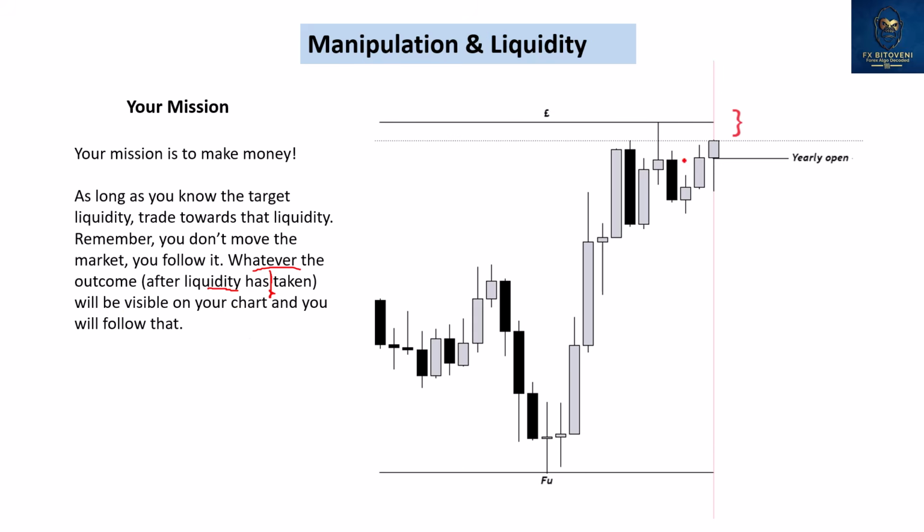So meaning, we are here, liquidity is here. We are going to grab this liquidity. There are some pips resting here, right? So trade towards that liquidity. There will be a POI on the left side that the market may use to make a reversal, if it has to make a reversal, or it may break and continue.